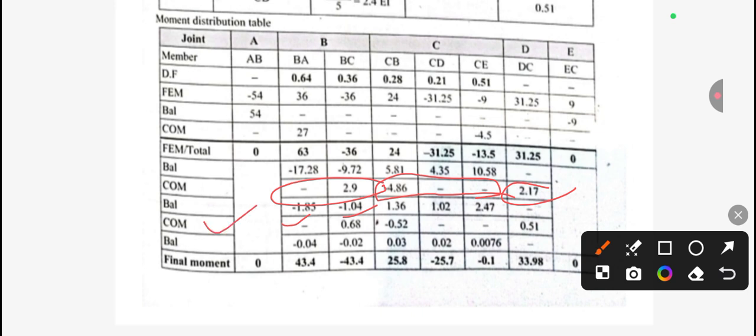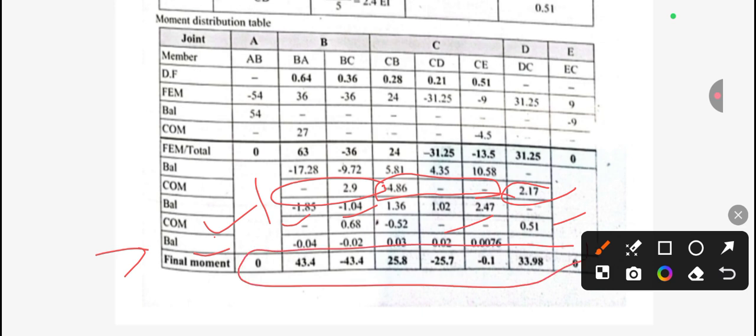And for the carryover moment, we need to transfer half of this like this, okay, and balance again and add all these values. Then finally we get all these moments. Okay, so in this way we can calculate the moment distribution method and solve this problem.